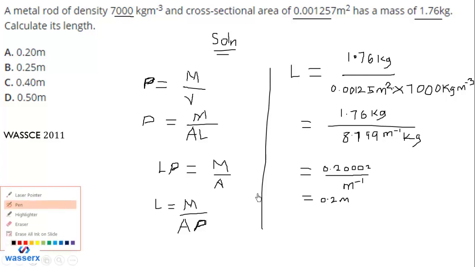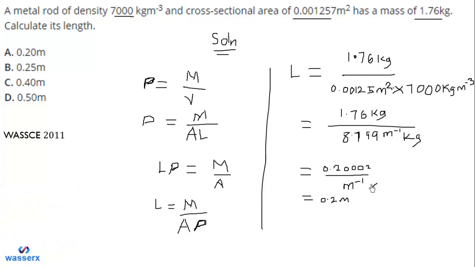So what we are actually saying is that if you multiply this one by meters, which is the same as meter to the exponent of 1 times meter to the exponent of 1, we have not done anything to this because we just multiply by 1. So this will cater for this because it becomes m exponent 0 and we have m exponent 1. So this will give us the unit to be 0.2 meters. Therefore, the correct answer is A.